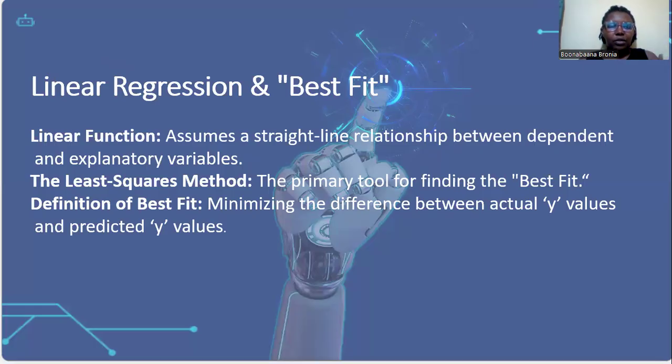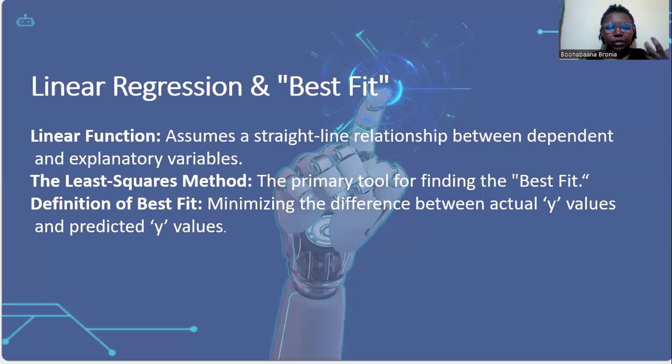So the linear regression function assumes a straight line relationship between dependent and explanatory variables. Whereas for the least squares method, the primary tool for finding the best fit is the least squares method.